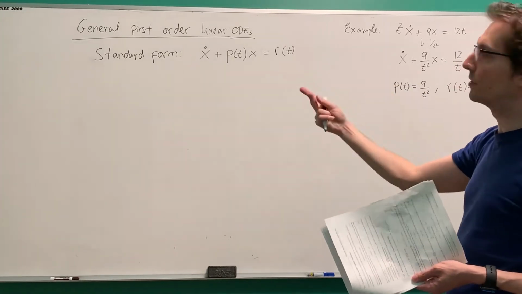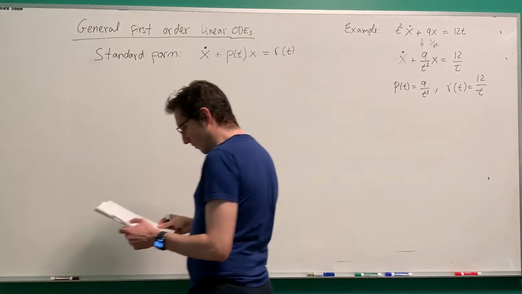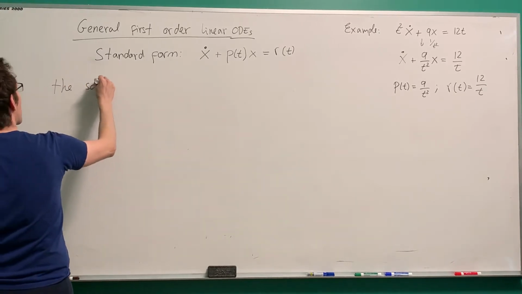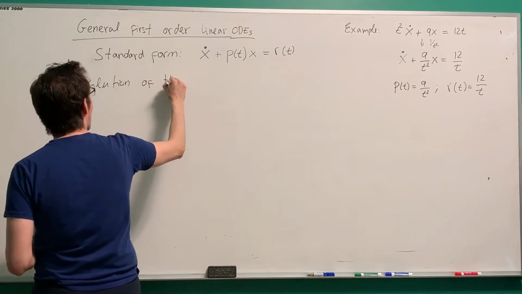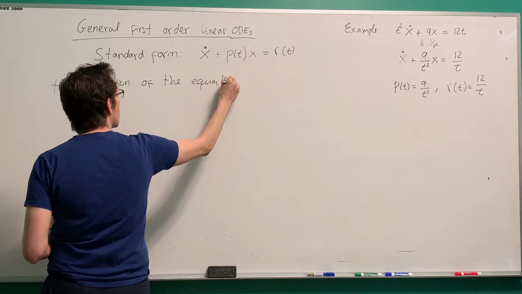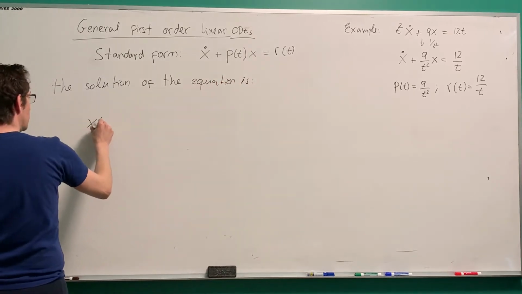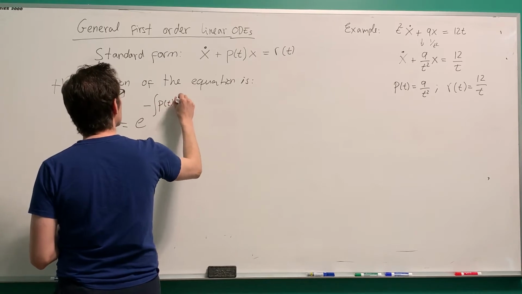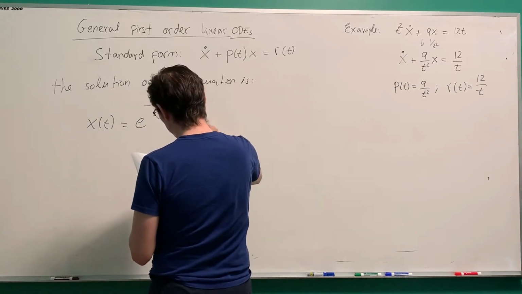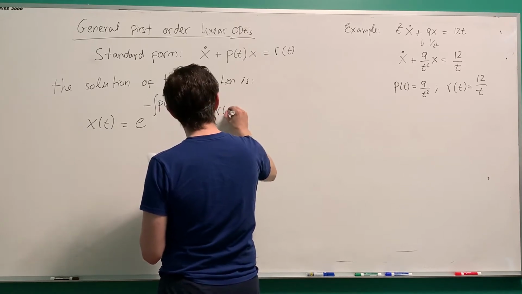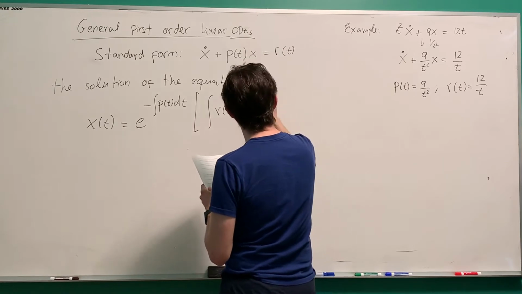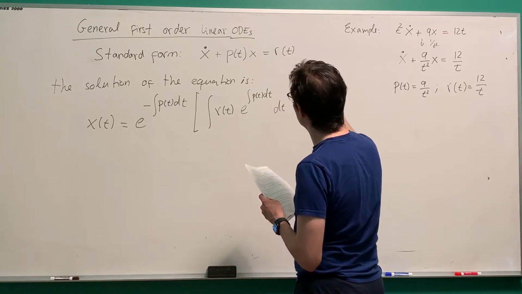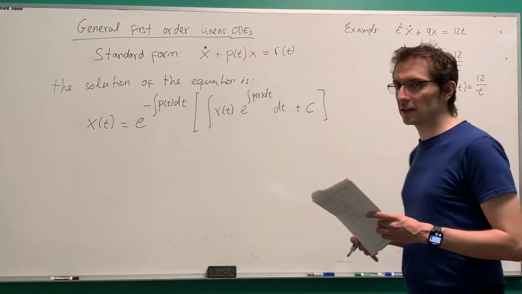Any equation that is linear first order can be written in standard form. All right, so for an equation written in standard form, the solution of the equation is the following. x of t is going to be equal to e to the minus integral of p of t dt, that multiplies the integral of r of t times e to the integral of p of t dt, plus a constant, where the integrals here denote the antiderivatives.